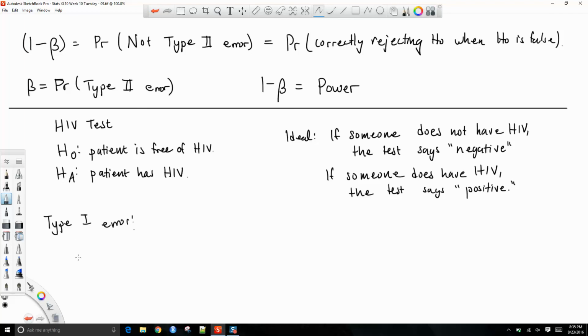What would a type 1 error be, and what would a type 2 error be? Type 1 error would be the patient does not have HIV, but the test says the patient has the disease.